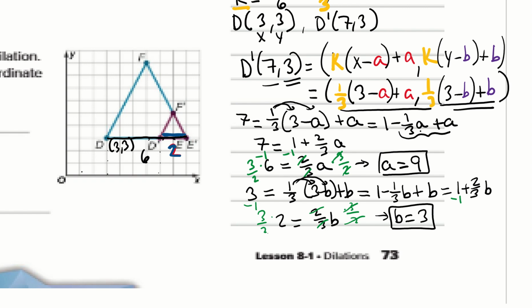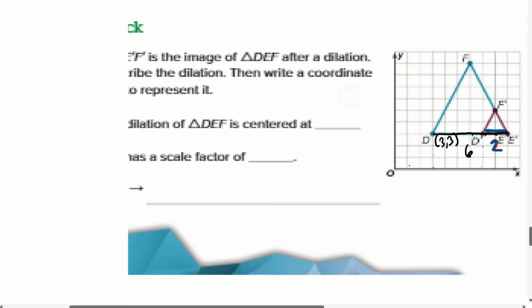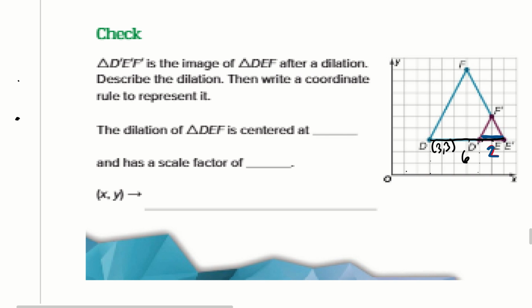All right, guys, so that means the center of our dilation is 9, 3. Whew, that was a lot. So we got the center of dilation, and we just got the scale factor as well. So the dilation is centered at 9, 3.